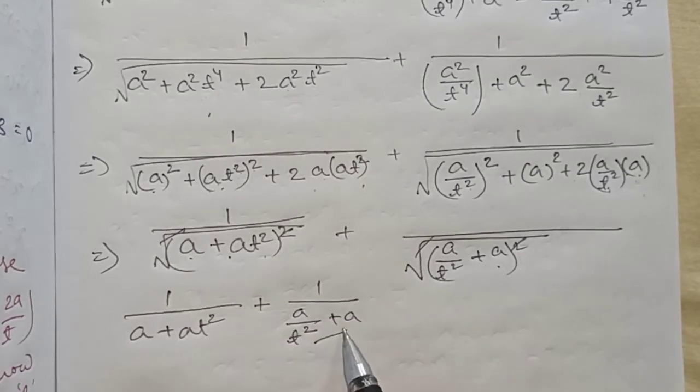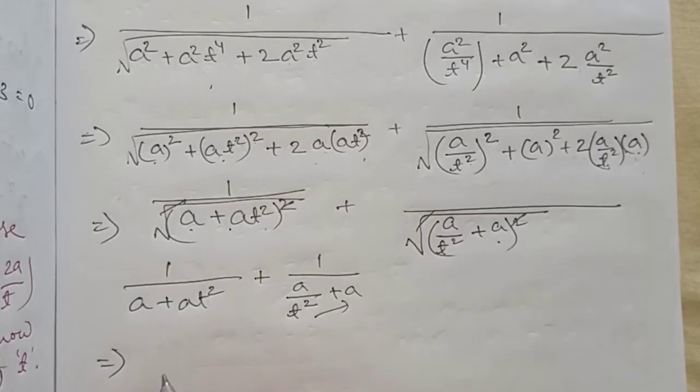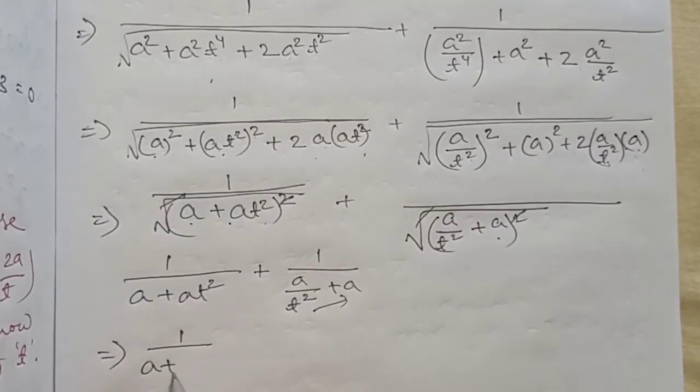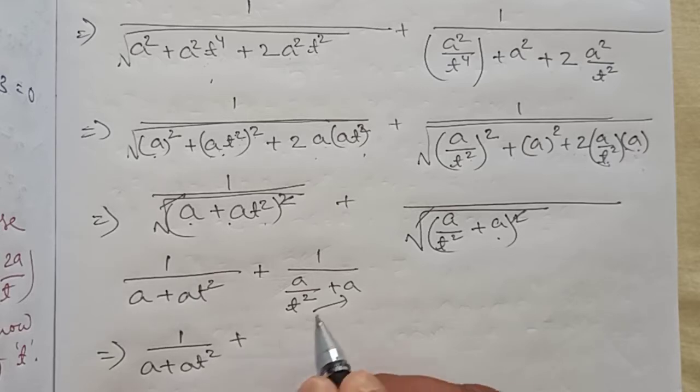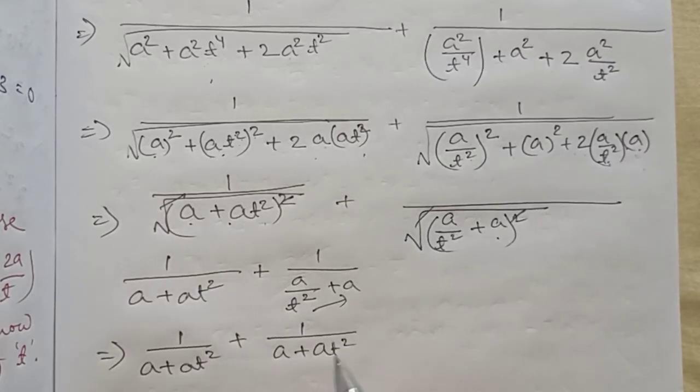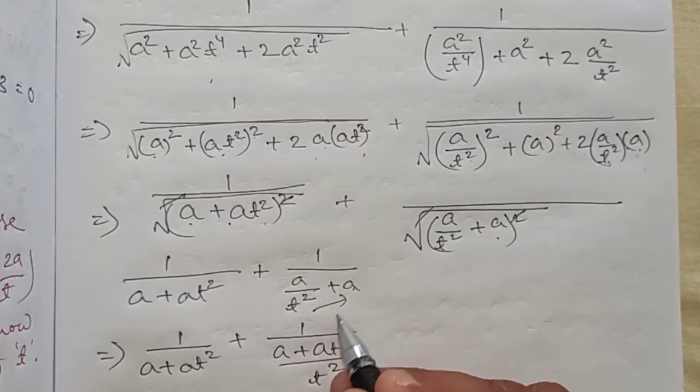Okay, so we will multiply this term here, we will get 1 by (a plus at square) plus 1 divided by (a plus at square) divided by t square, because I multiplied this t square here.